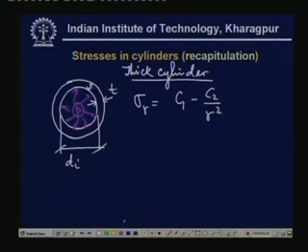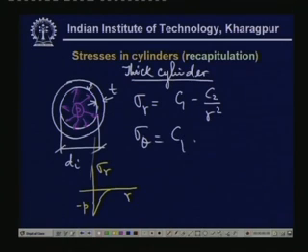That is, sigma r varies within the thickness, from minus p to 0. And sigma theta is C1 plus C2 divided by r square.